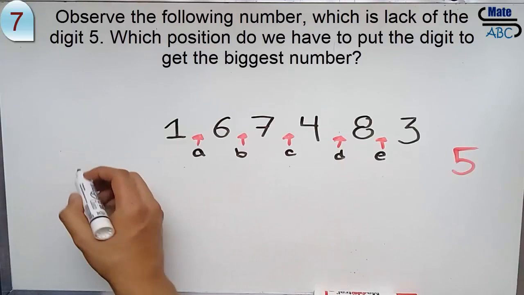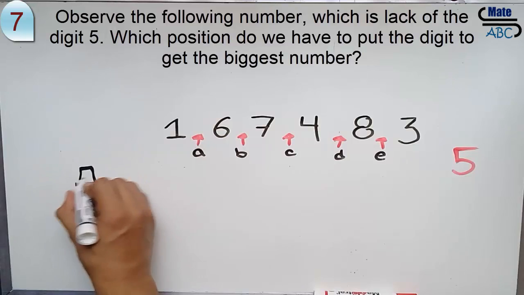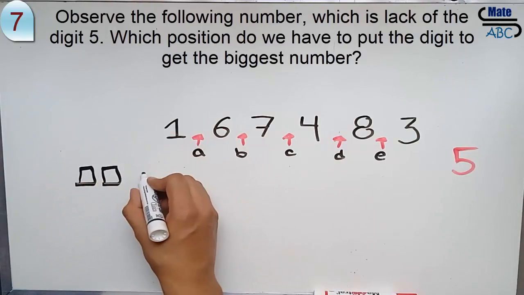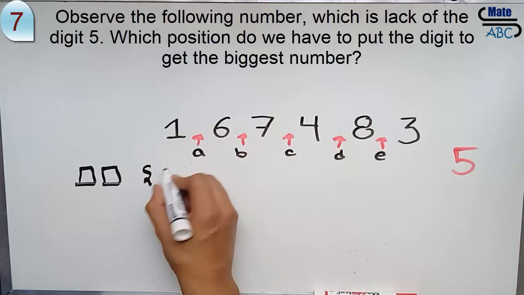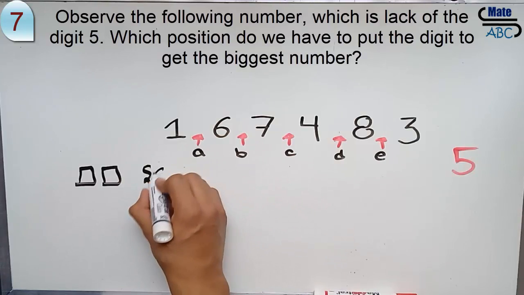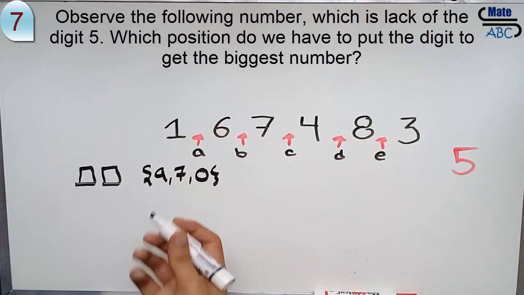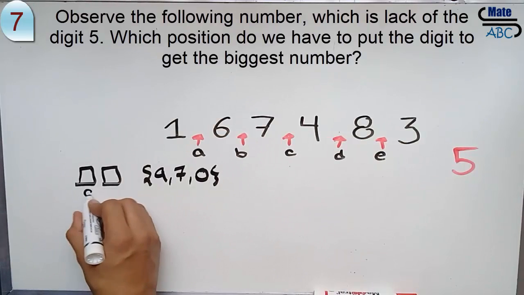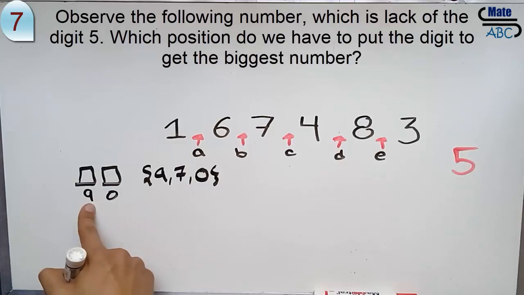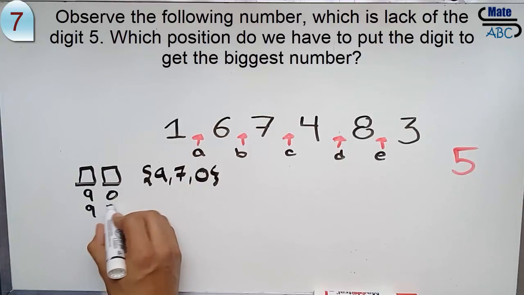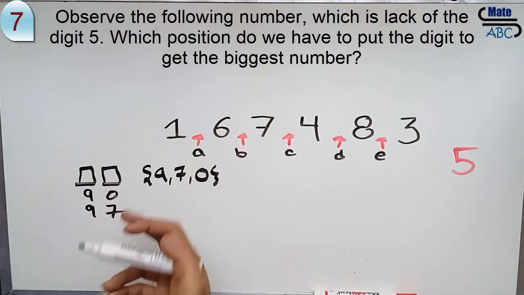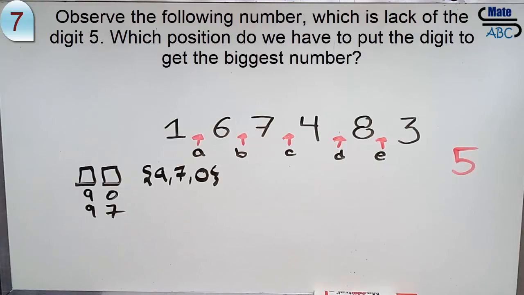So if you have 2 positions and 3 numbers like 9, 7 and 0, you can create these numbers, no? 99, 90 and 97. Which number is greater than the other?